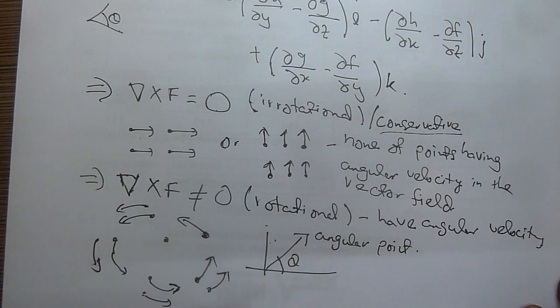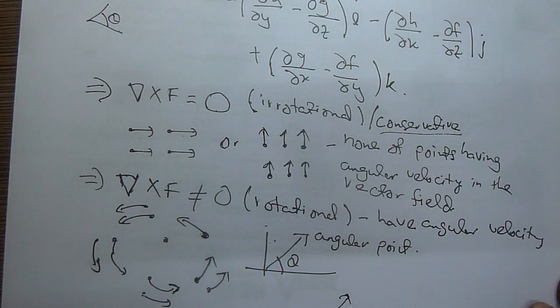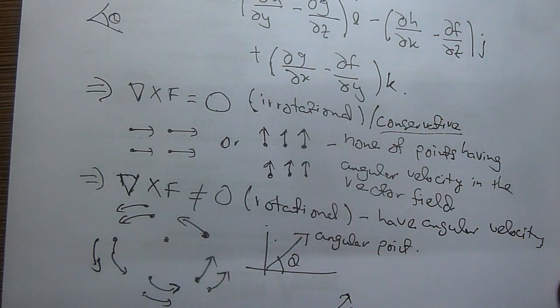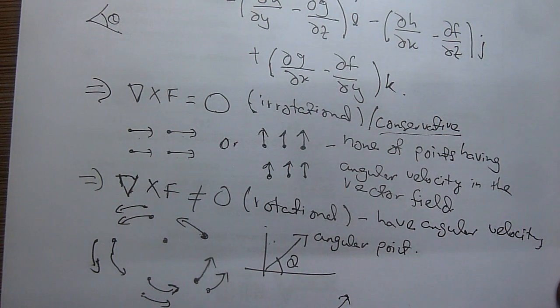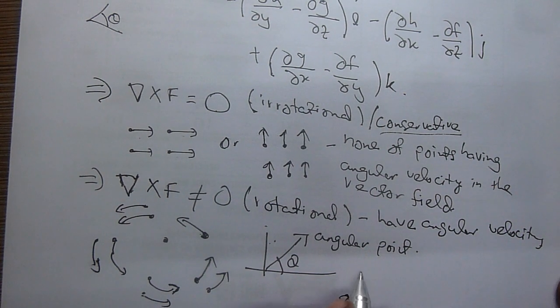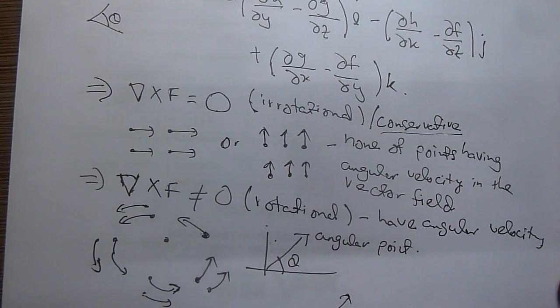Again, I repeat this word: they must have some angular. Then only we will see it will go straight. Most probably it may go straight in a few lines, then slowly it will take up like that. It may rotate.